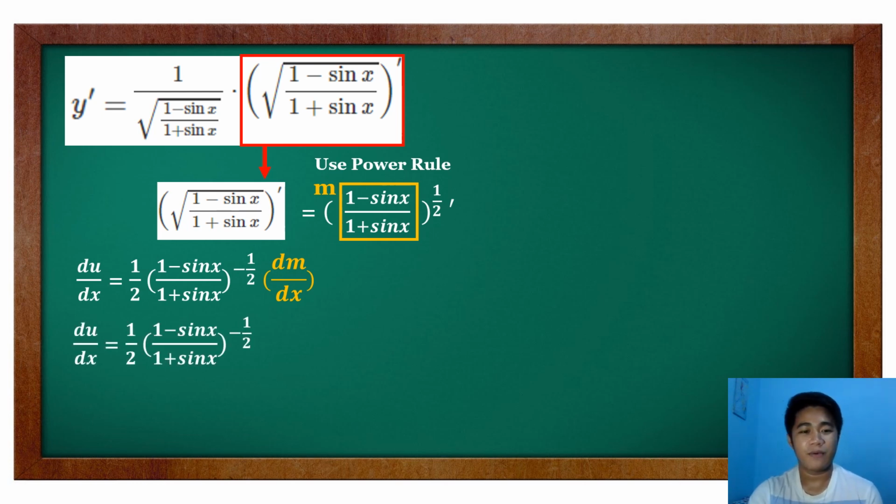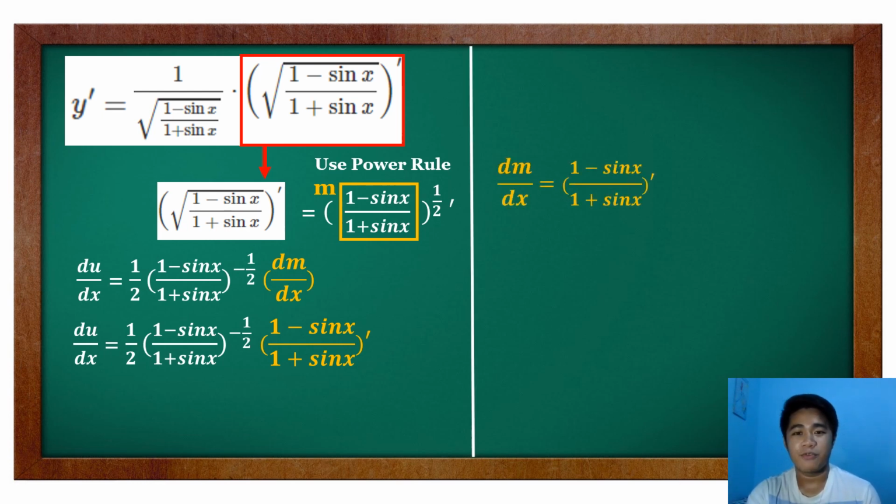If we differentiate that, we can rewrite it as (1 minus sine x over 1 plus sine x) prime. Now to differentiate it, we can use the quotient rule because there is a numerator and a denominator, and obviously we are dividing here.